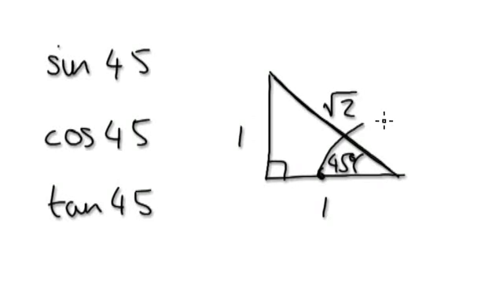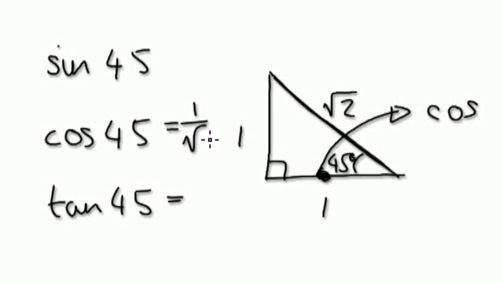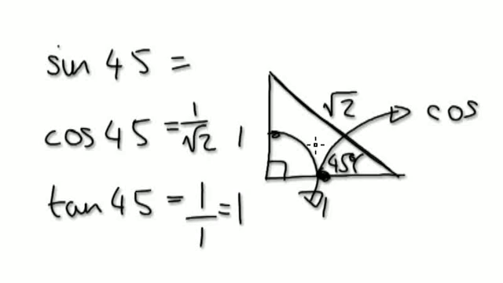So from this, we know that cos 45 equals 1 over root 2 and so on, and tan 45 is actually 1 over 1, which is 1.